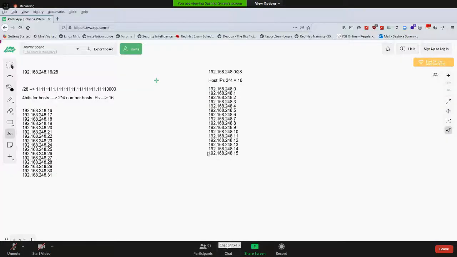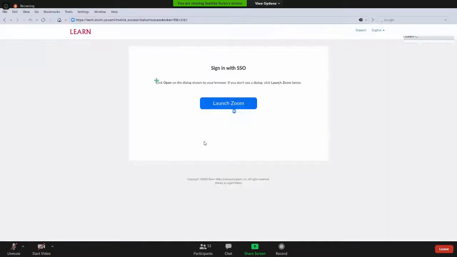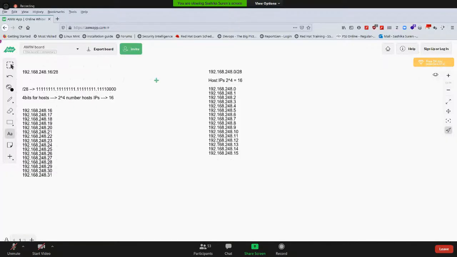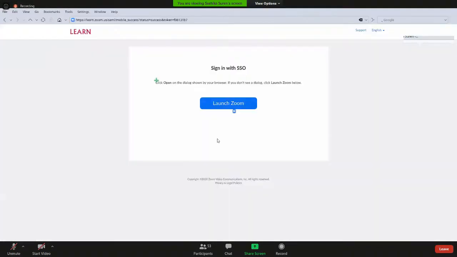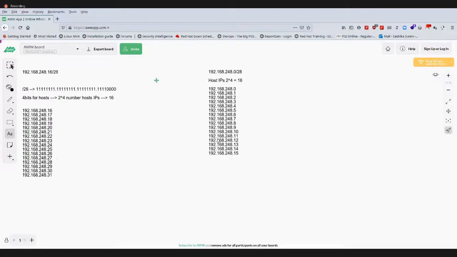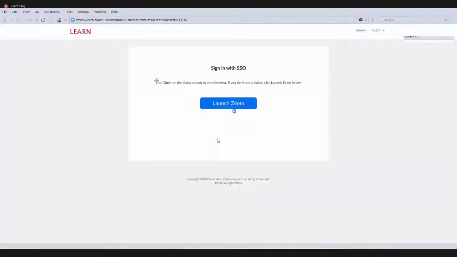Right, it's a simple thing, huh? So subnetting is not a complicated task. If you understand the concepts you can easily go through it.